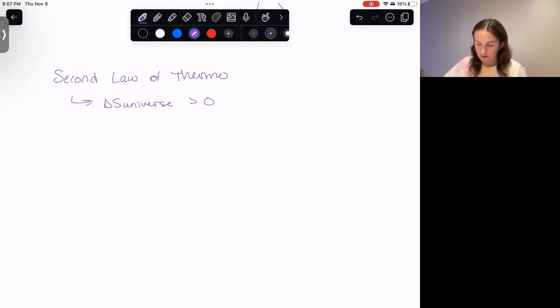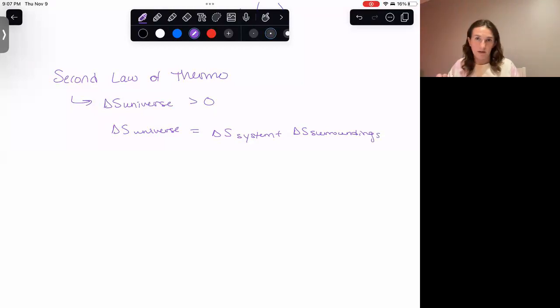We also know that the delta S of the universe equals the delta S of the system plus the delta S of the surroundings. Right? Because everything is equal and opposite. If something is getting work done on the system, that means that something had to be doing work. If something was gaining heat, that means that something has to be losing heat.